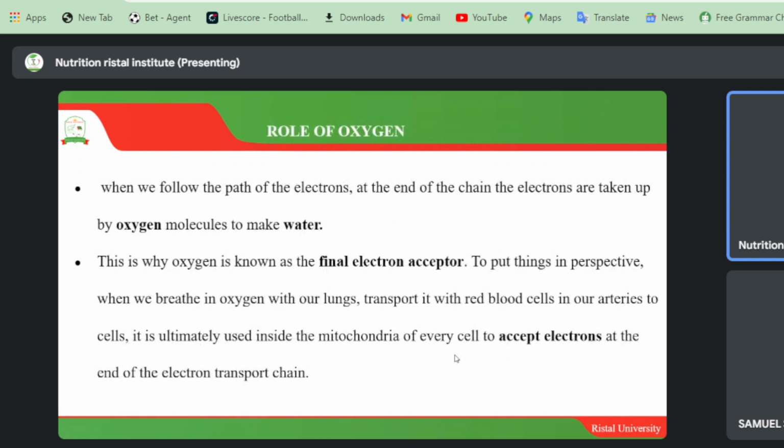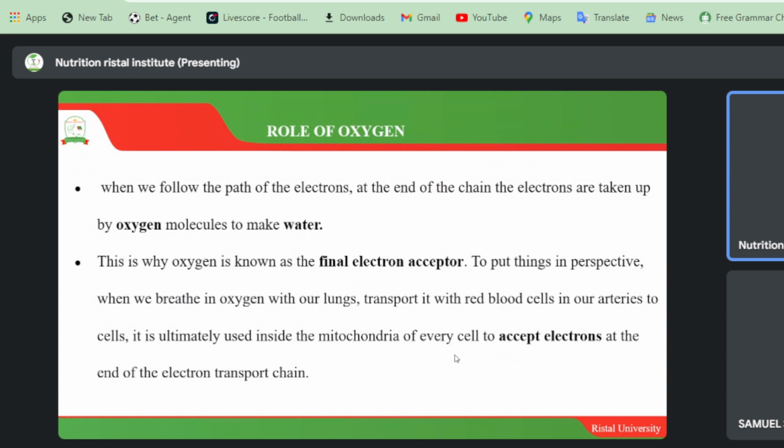And now let's look into the role of oxygen. What does oxygen do? When we follow the path of electrons, at the end of the chain the electrons are taken up by oxygen molecules to make water. This is why oxygen is known as the final electron acceptor.